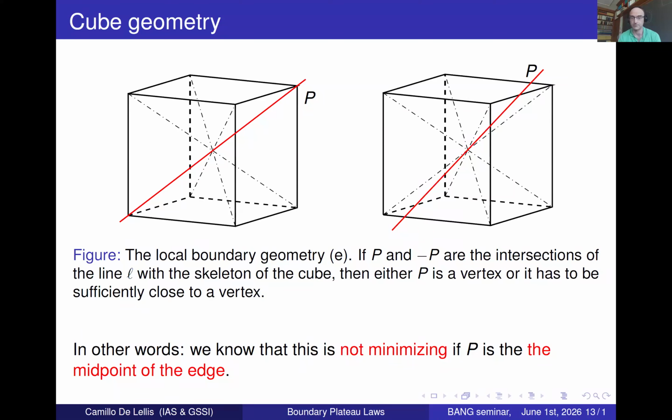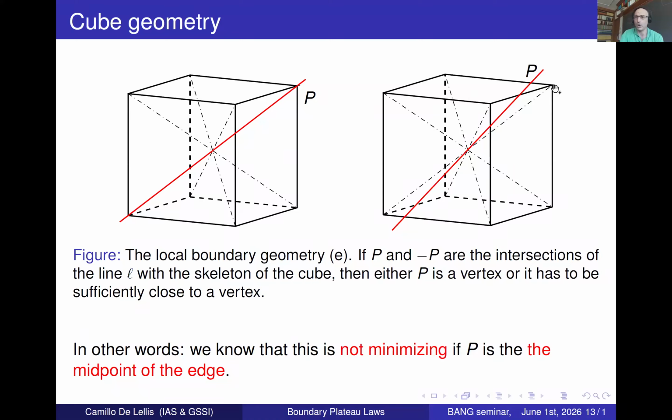Now, we know that this configuration isn't minimizing in one of the two extreme cases because we can write a competitor down. And the extreme case in which it is not minimizing is where the line is passing through the midpoints of the edges. But it looks very much minimizing both by experiments and numerical computations when the line is on the diagonal.